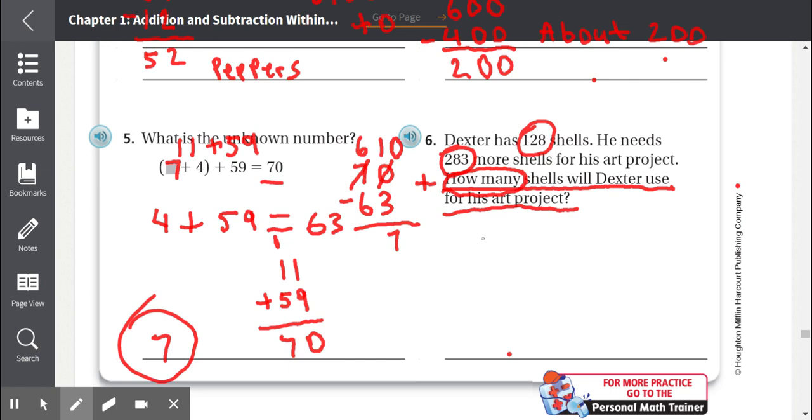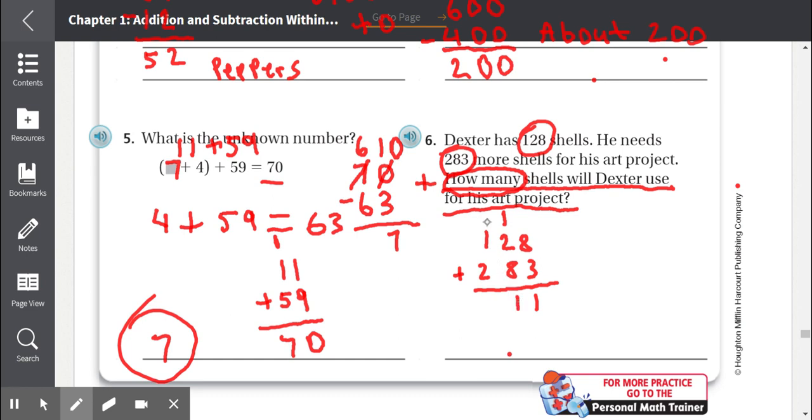So we're going to add the two important numbers, 128 and 283. And we can put a small number at the top because we are adding. So 8 plus 3 is 11. We carry our 1. 1 plus 2 is 3. 3 plus 8 is 11.